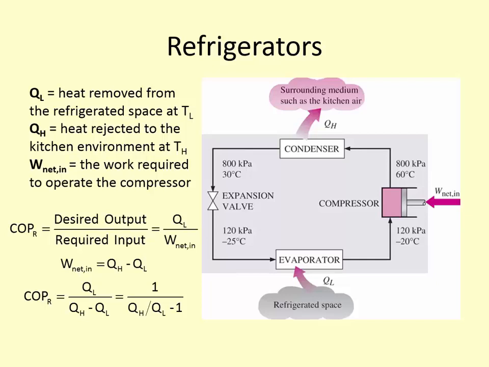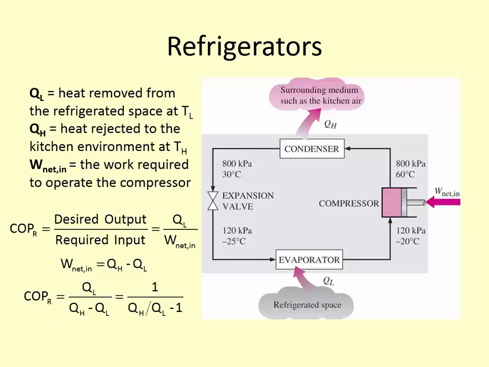But we use the same principle, that it's the desired output over our required input. So our desired output actually is to remove heat from the refrigerated space. So Q sub L is the desired output, even though it's an input to our evaporator. We're desiring that Q sub L is removed from that space. And then we're required to put in some net work in order to make that happen.